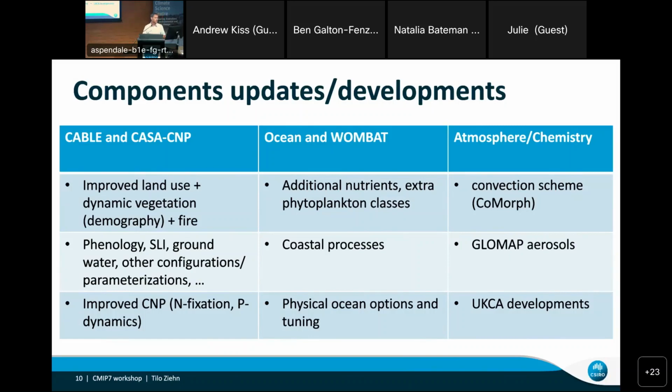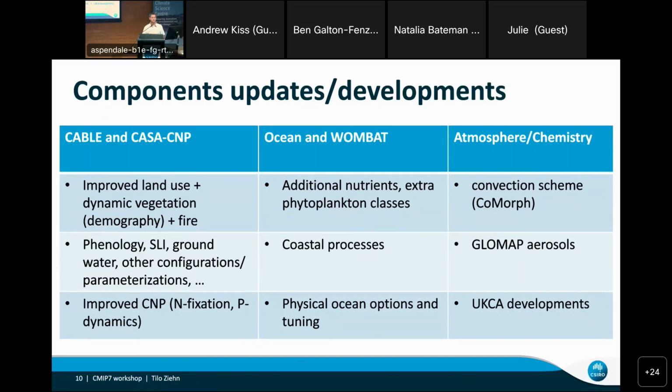For the ocean and WOMBAT, we might consider additional nutrients, extra phytoplankton classes, inclusion of coastal processes, and other options for the physical ocean. On the atmosphere chemistry side, our colleagues at the Bureau are testing a new convection scheme called CoMorph and how that performs and might improve things for the Australian region or other regions of interest. And then our contributions to GLOMAP and UKCA as well.